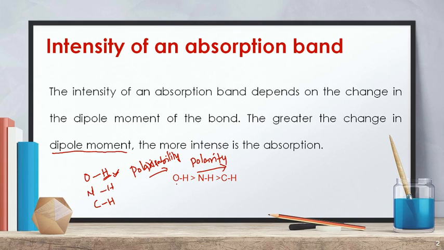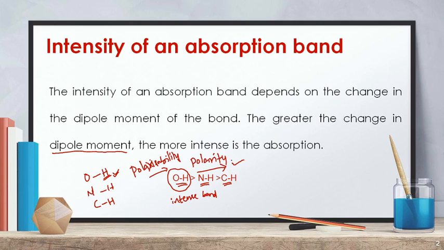OH will experience more polarity compared to NH, and NH will experience more polarity compared to CH. Out of these three bonds, which one will give the more intense band? Due to the more polarity, OH will give the more intense band. So it depends on the factor that is polarity.